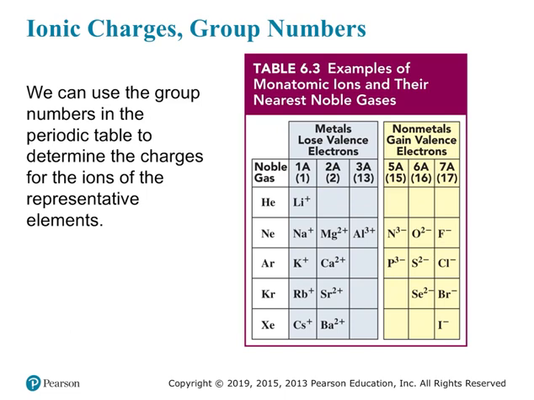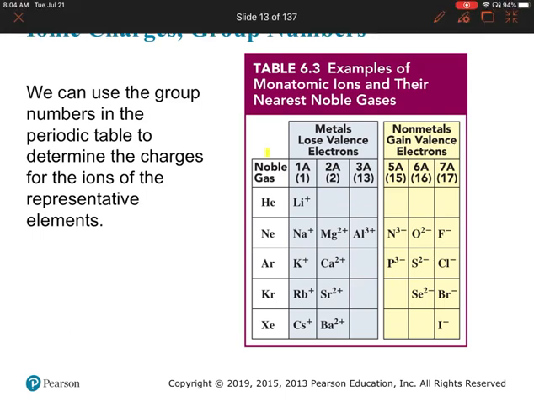Okay, so now let's kind of summarize what we've gone over. In your textbook, there's a table 6.3, and this really shows how you can remember the charges for different ions. All right, so in the first column here, let me change my marker here.